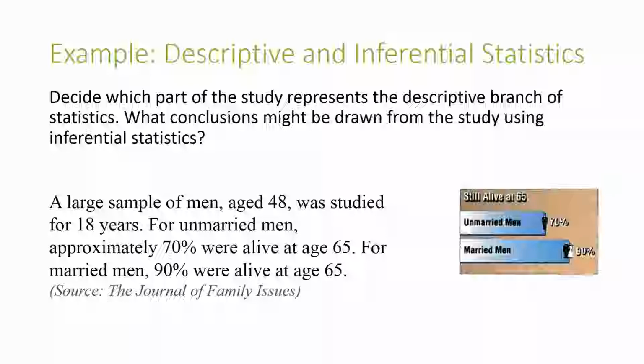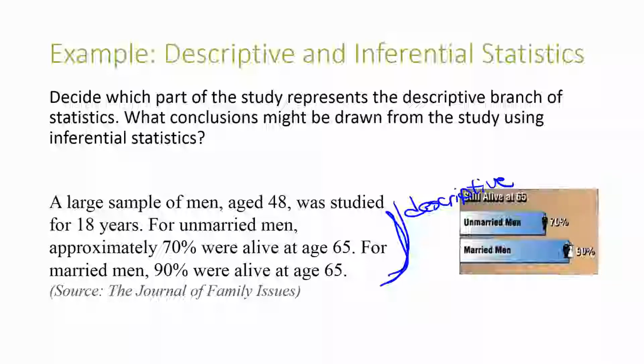So in this example, we want to determine the difference between descriptive and inferential statistics. So we've got a large sample of men, age 48, studied for 18 years. For unmarried men, approximately 70% were living at age 65, and for married, 90% were living at age 65. So this information right here, this is the descriptive, right? It's just the facts.